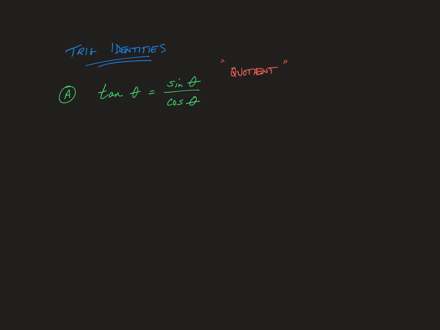It says that the tan of any angle is equal to the sine of that angle divided by the cos of that angle, regardless of the angle. So much so that when you start to use the quotient identity, you'll probably even stop saying theta. You'll just say tan equals sine over cos, because the angle doesn't matter.